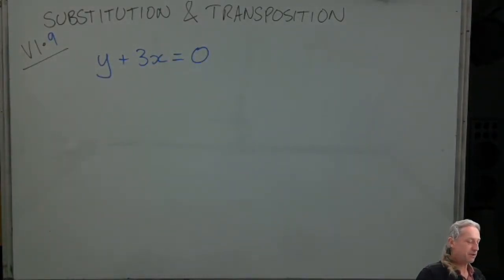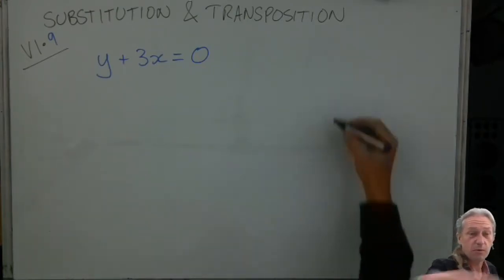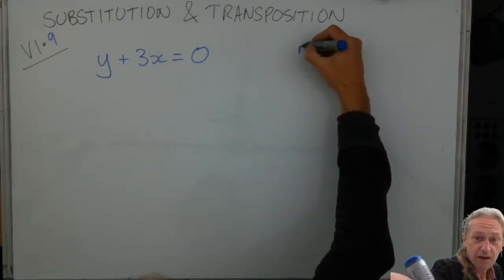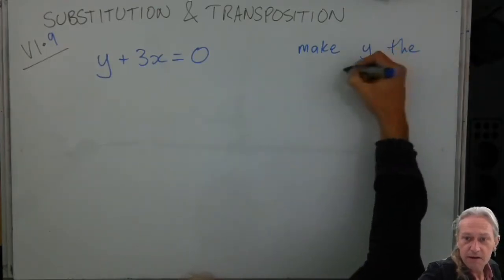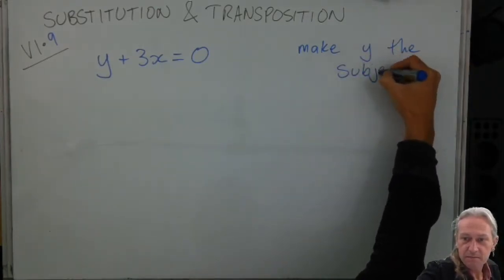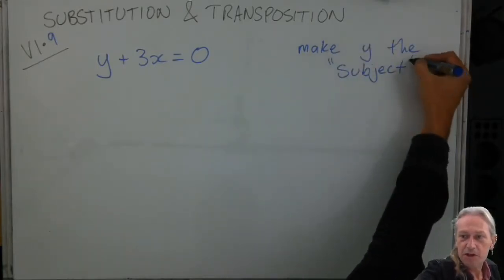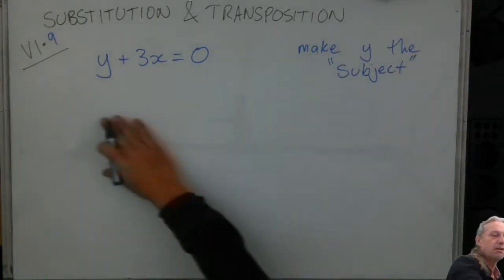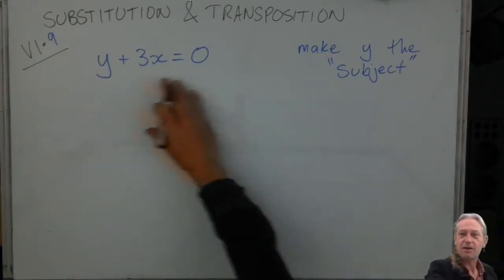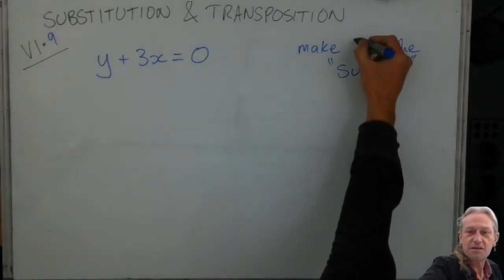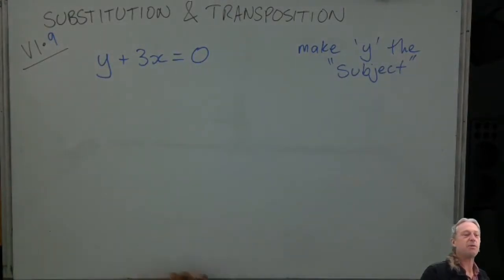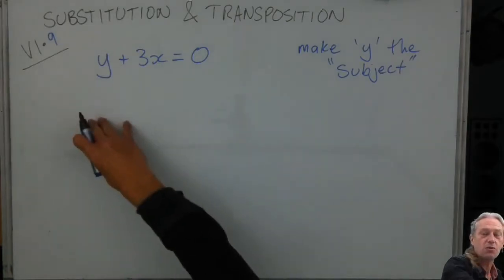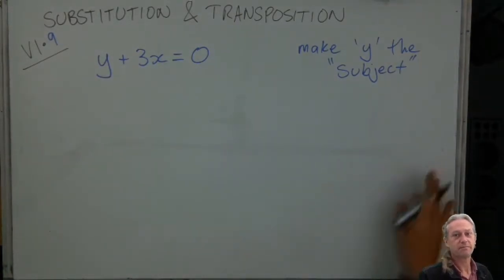And for these first few examples, we want to make, and this is the terminology we use, y the subject. That's just the terminology we use to mean move everything to one side of the equals and leave y on its own. So we want to end up with an equation that is y equals everything else.